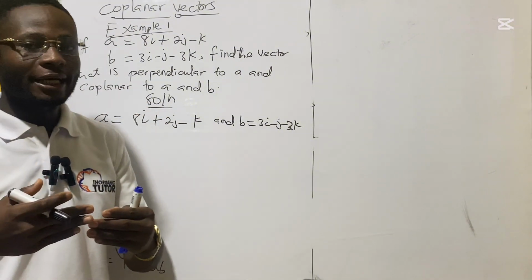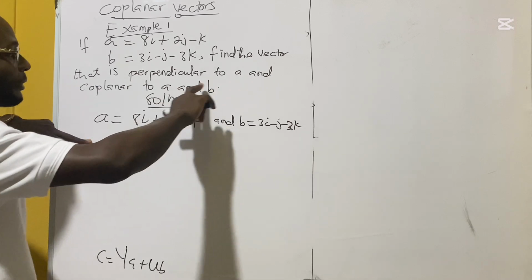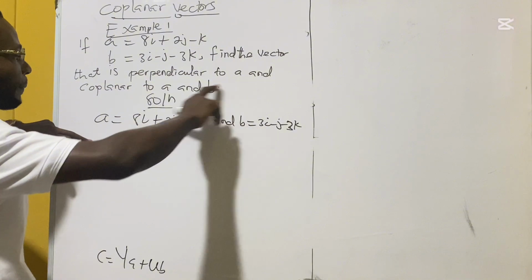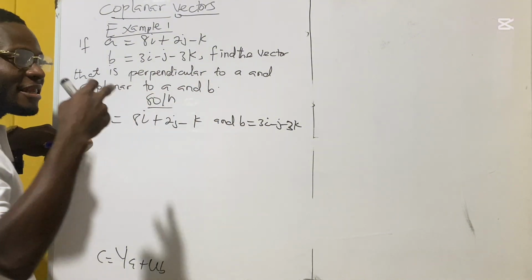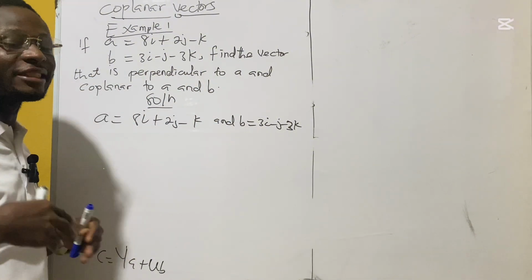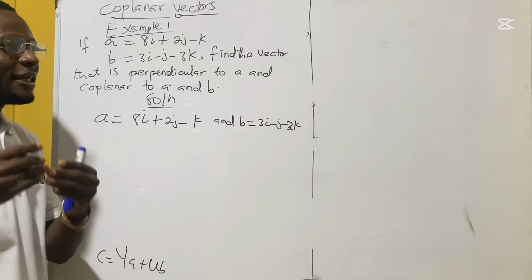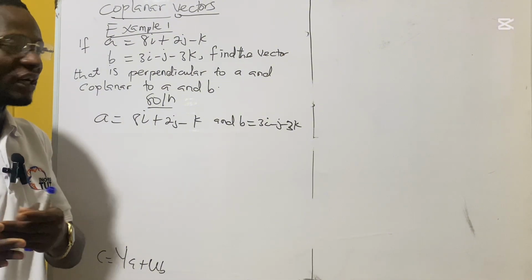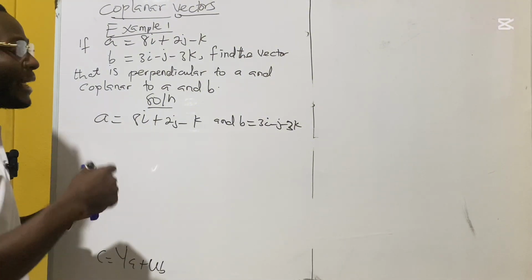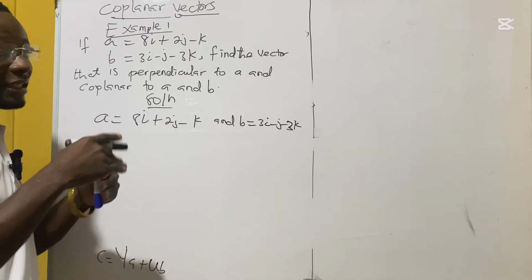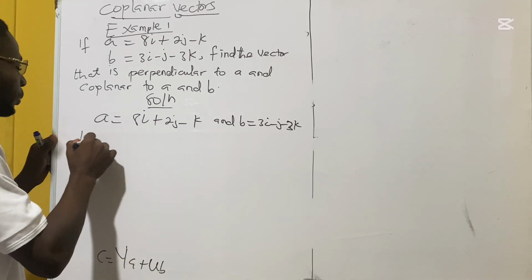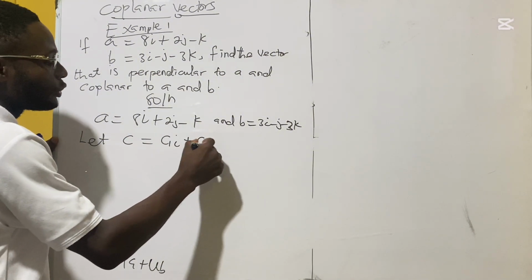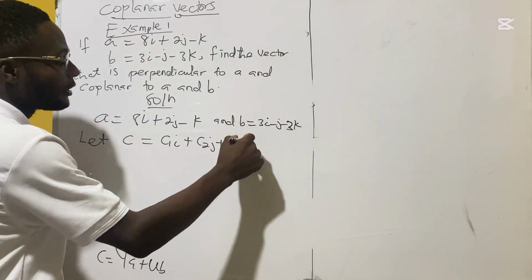First, we have to remember that if we are to find a vector that is perpendicular to A and is coplanar to A and B, then we have to begin to think about something. If something is coplanar and something is perpendicular, what do you think about? It means there is another position vector, say C. So let's assume that we have C equals C1 i plus C2 j plus C3 k.